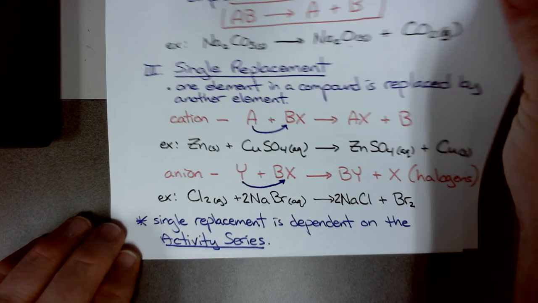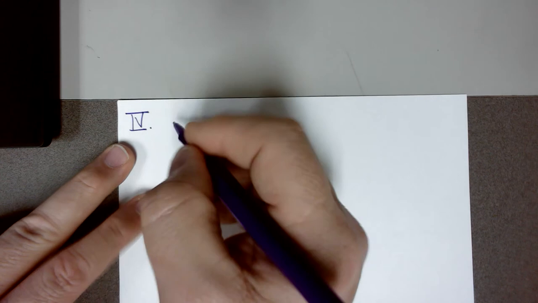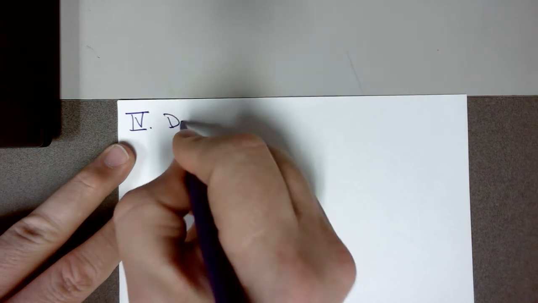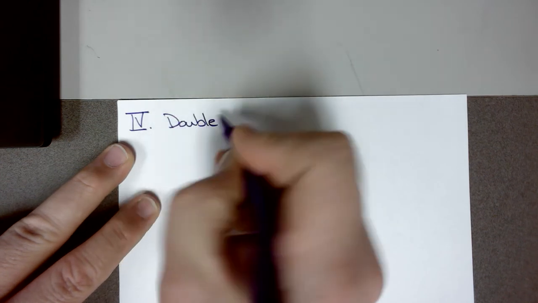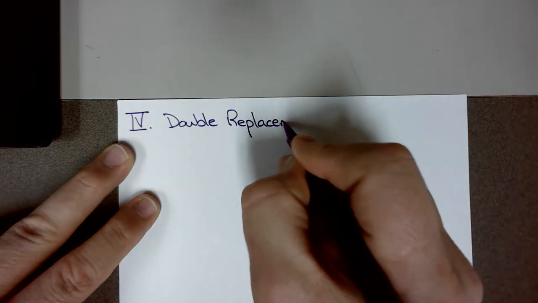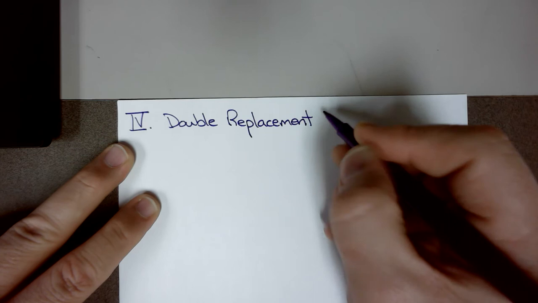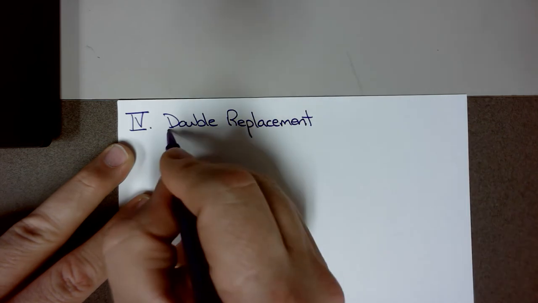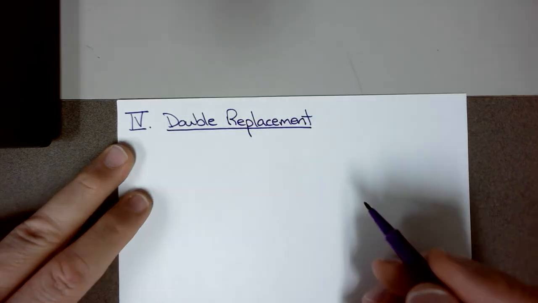Now we still have two more reactions to talk about. So the next reaction we're going to talk about is double replacement. So reaction type 4, which is double replacement reactions. Double replacement reactions.